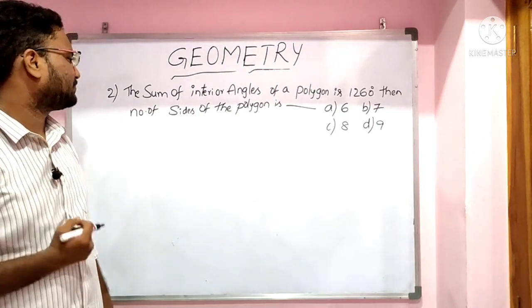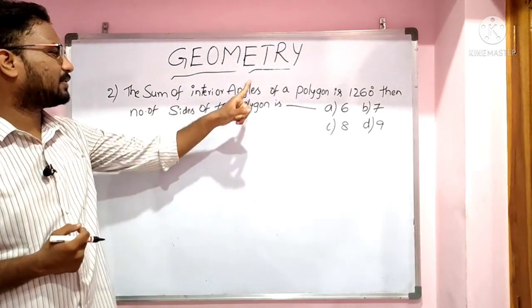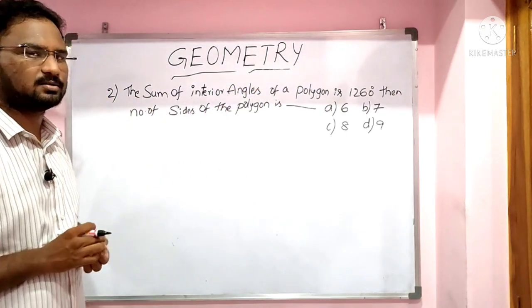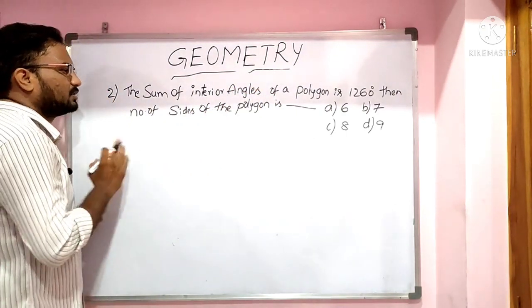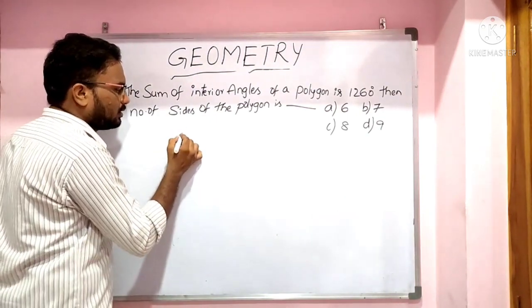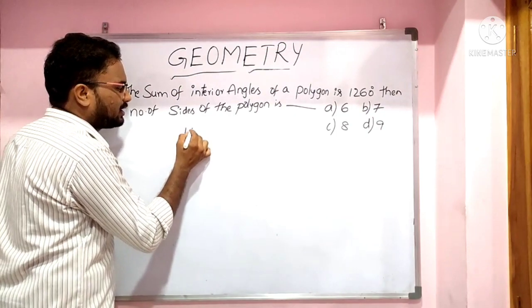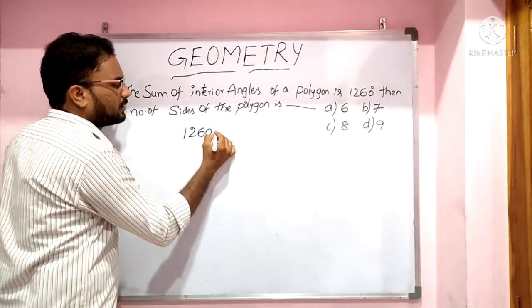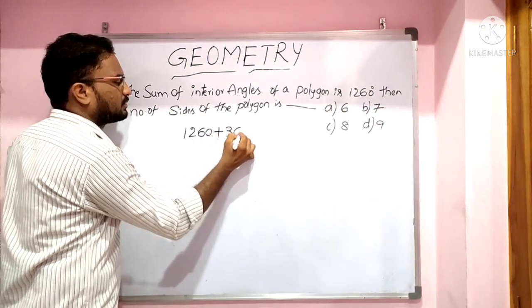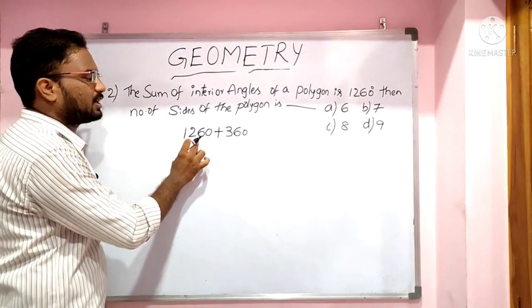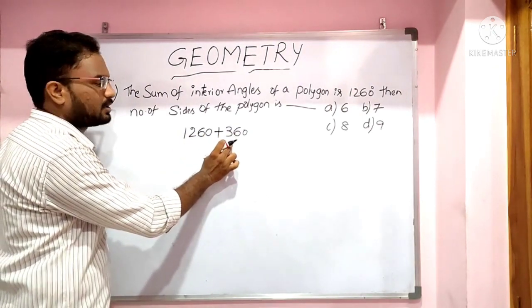So next problem, the sum of interior angles of a polygon is 1260, then find the number of sides of the polygon. So we need to find the total number of sides, okay. So here the sum of interior angles is 1260, and the sum of exterior angles is 360, okay.